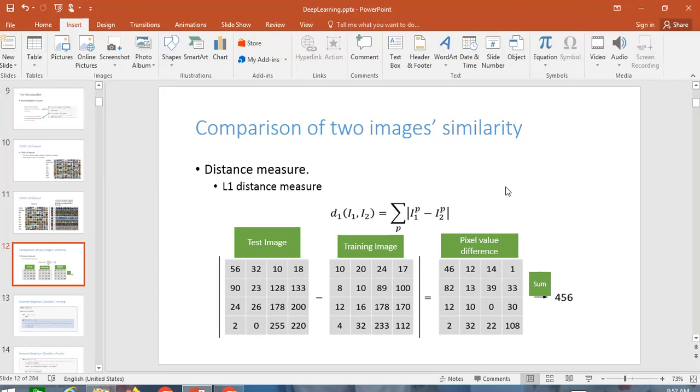This is called nearest neighbor. The generalized model is k-nearest neighbor. The distance criterion is L1. We subtract like for like, element by element of the arrays. Now there are different methods.